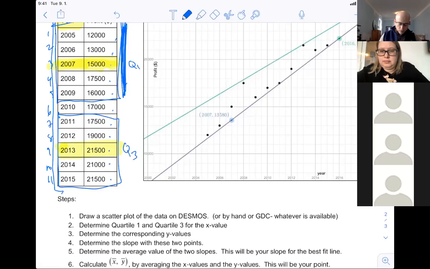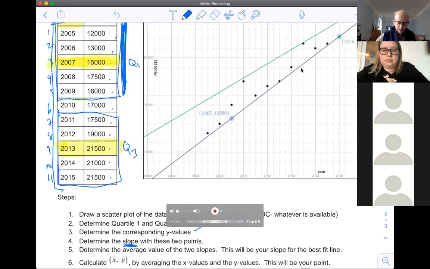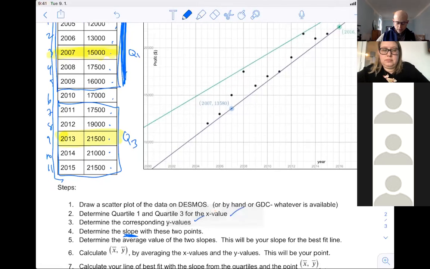Q1 and Q3. Now, from those 2 points, we have our x values and our y values. We can determine the slope. By adding them? You can add the two numbers. I don't know if adding is the right word, but I think you want to use those points to find the slope.